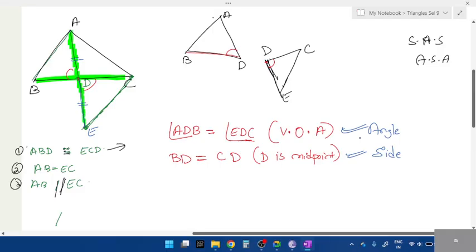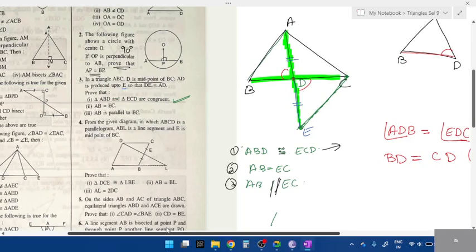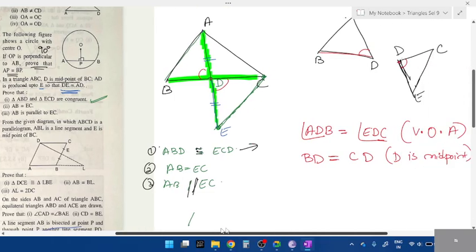Can you tell me what's the other thing? In the question, what else is given? Which are the other two sides equal? Yes, D is equal to AD.